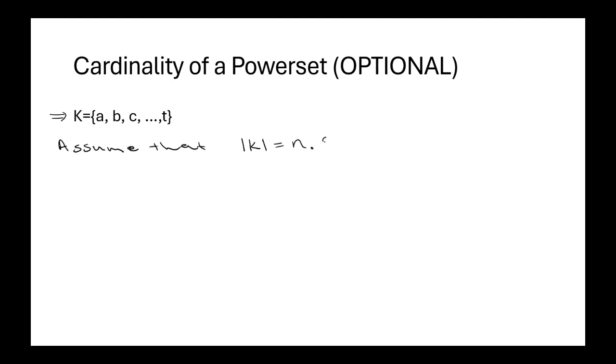So if we remove one element from k, then how many arrangements can we get from there?